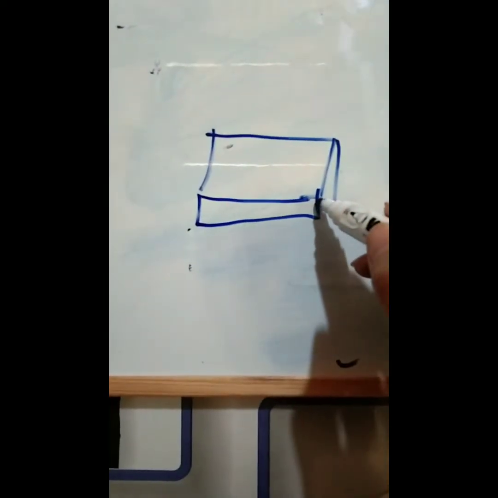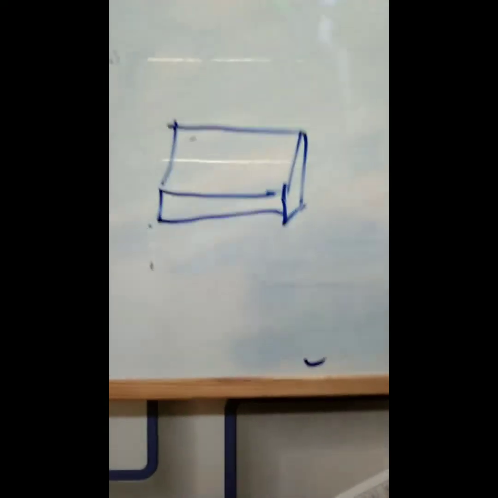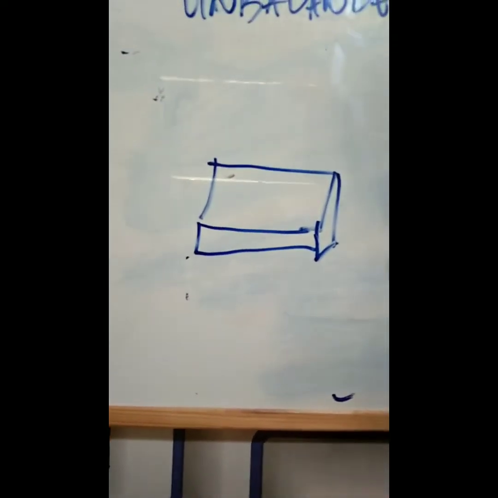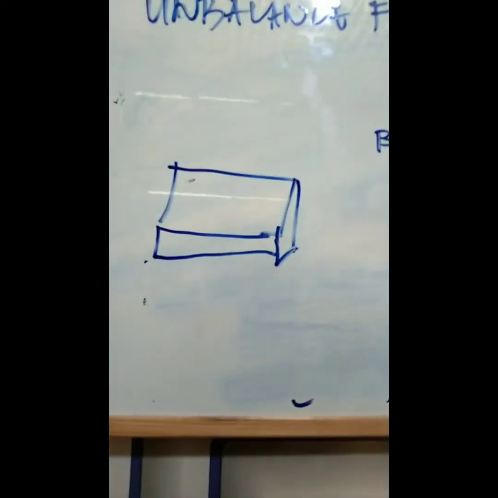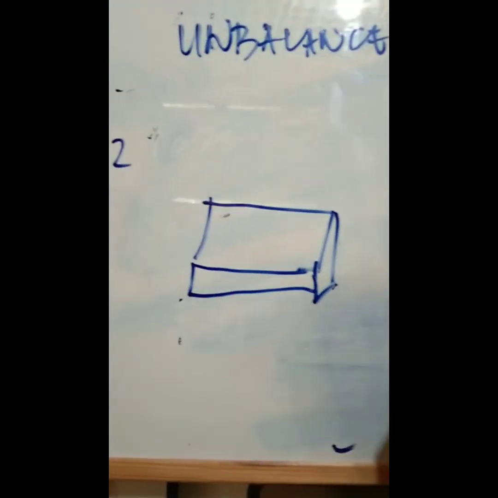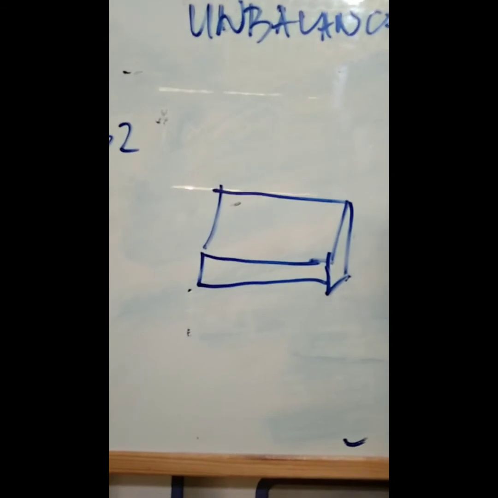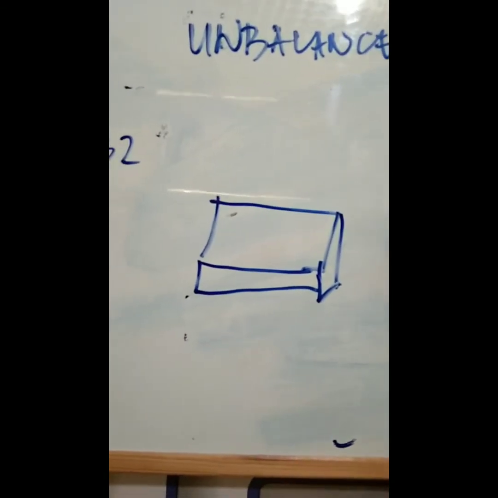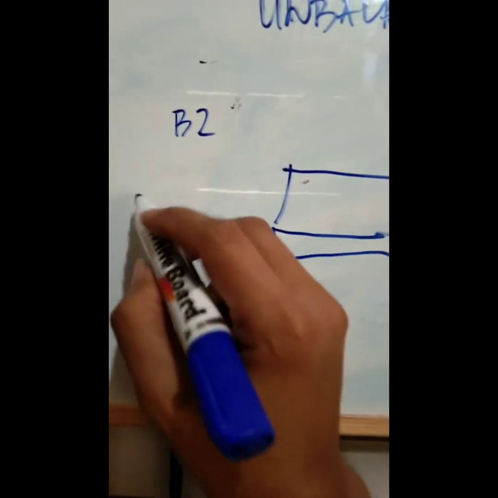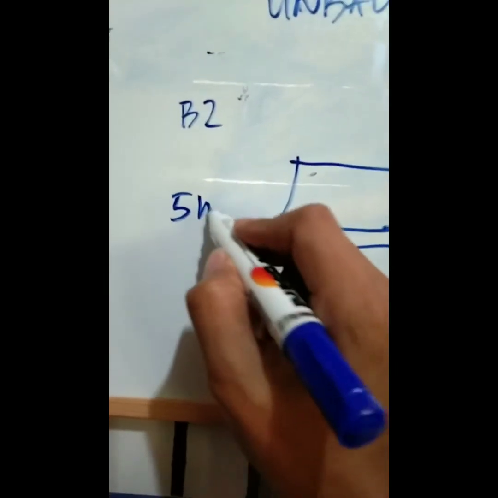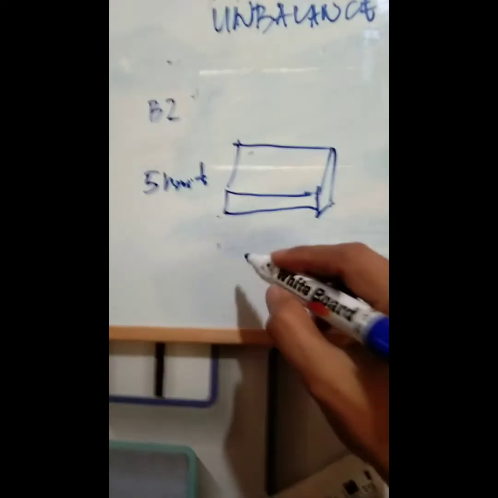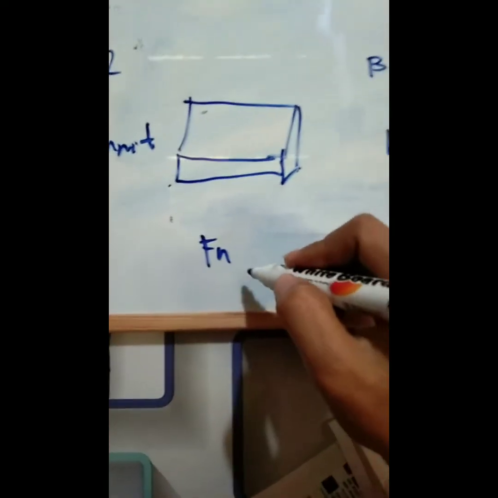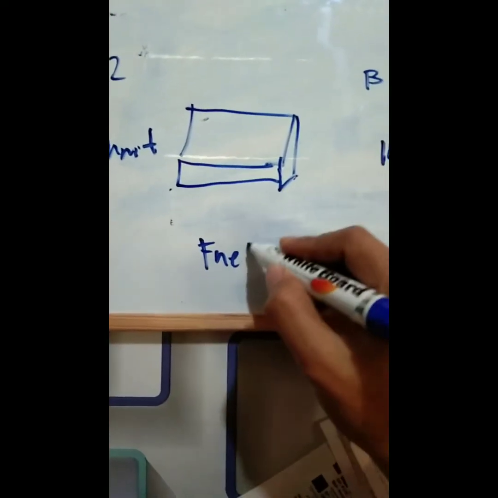So for example, this is the box, and if this is boy 1 and boy 2, and boy 1 applies, for example, 10 units of force, and boy 2 applies 5 units of force, so the net force here is, let us calculate.